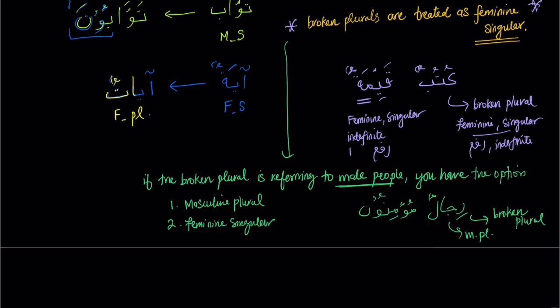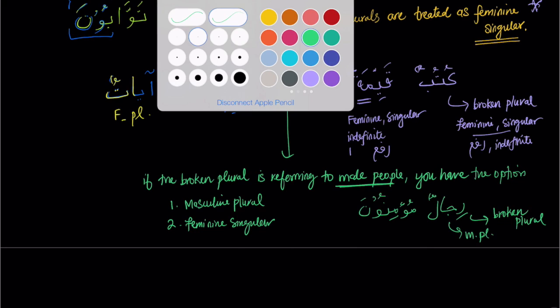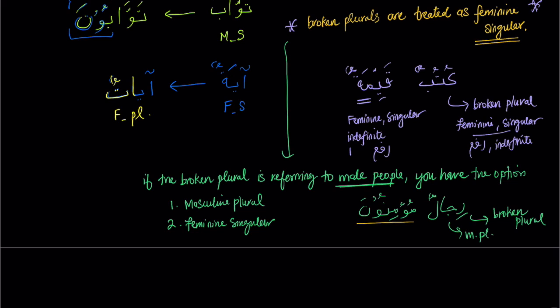Because mu'minuna is the masculine plural form of this ism. This ism is masculine plural because it has the una ending. The una ending is the sound plural for masculine isms.